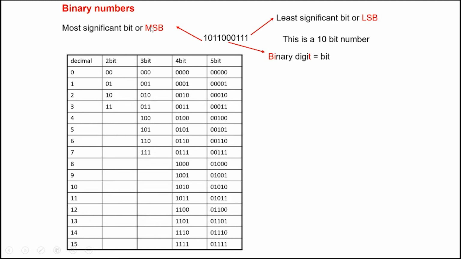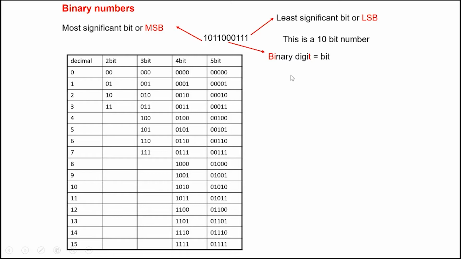Depending on the kind of number you want to represent, you may need 2 bits or 3 bits or 4 bits or more. 2 bits can only represent from 0 to 3. 3 bits can represent from 0 to 7. 4 bits can represent from 0 to 15. And 5 bits and so on can represent larger numbers.